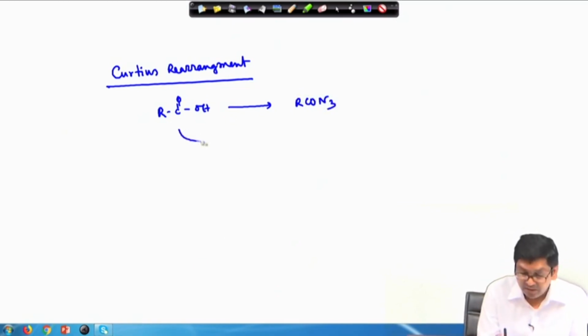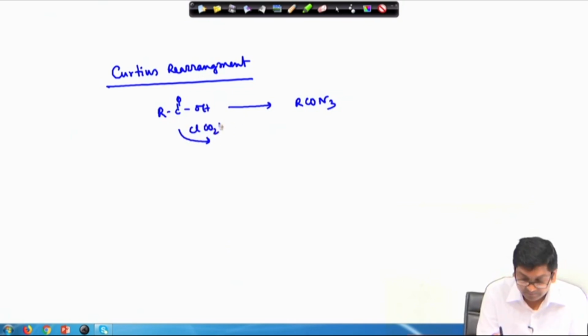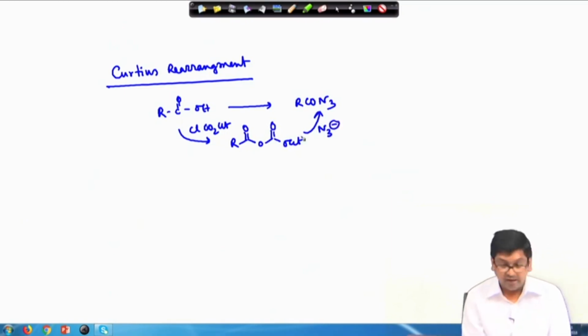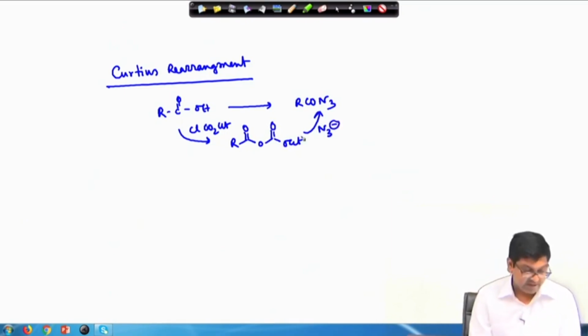How can these reactions happen? First you can treat with ethyl chloroformate, and this will first give you the mixed anhydride. Then you can treat with some azide source, and that will give you this acyl azide.